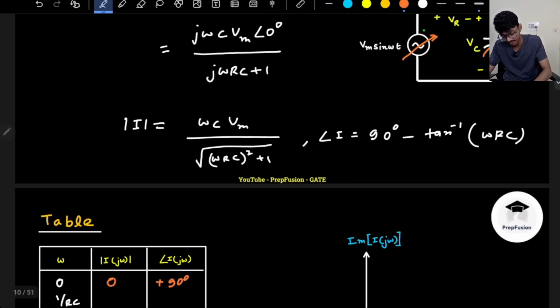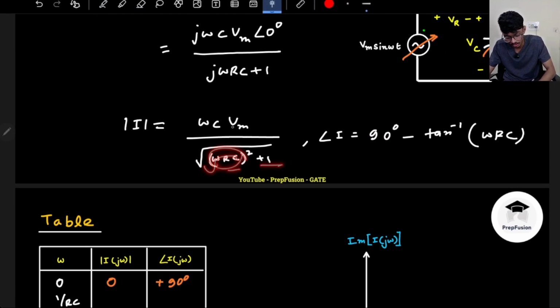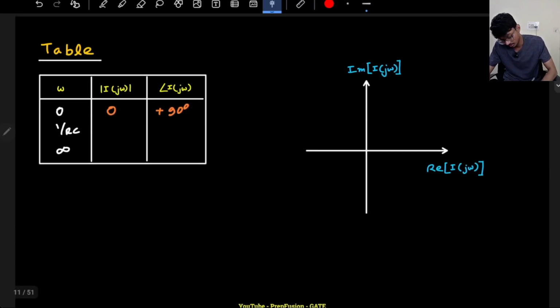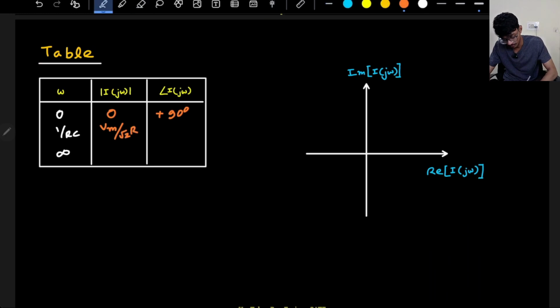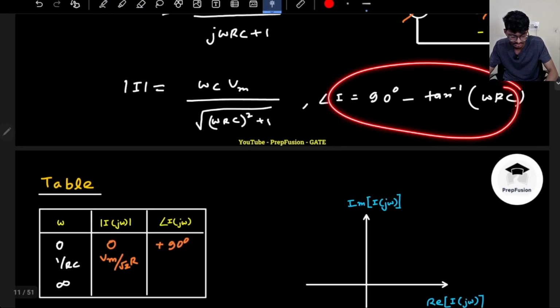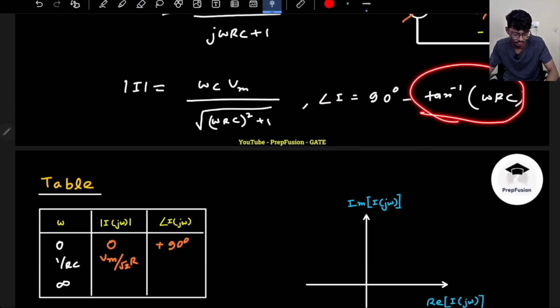At omega equals to 1 by RC, this is 1 plus 1, that is under root 2. So omega equals to 1 by RC, the RC will cancel, giving Vm by root 2 R. What about the phase? 1 by RC means tan inverse 1, is 45 degrees.